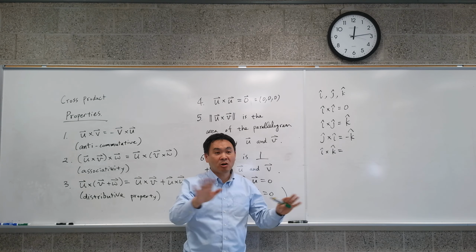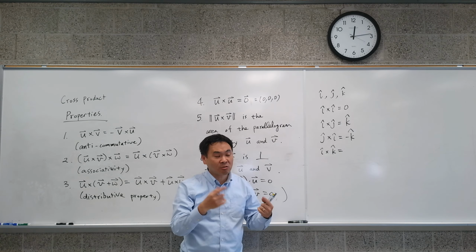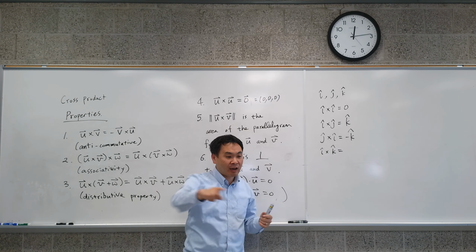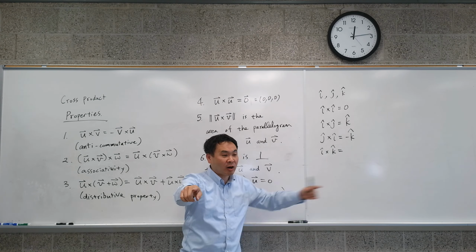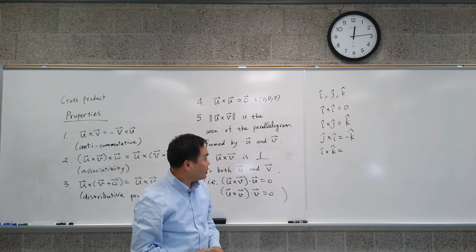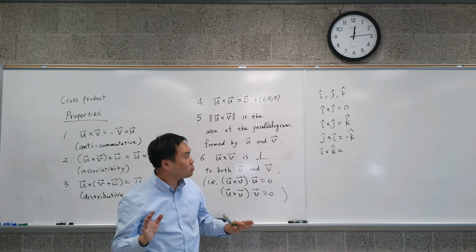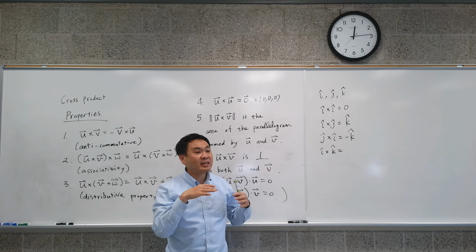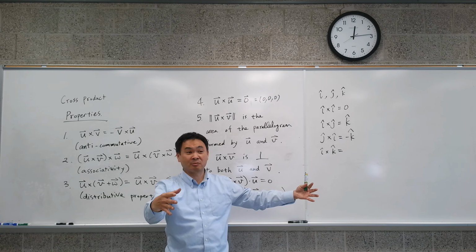Whenever we talk about dimension 3 and impose 3 axes X, Y, Z, we always use X and Y, and then use the right-hand rule to determine where is the Z axis, okay? This is the positive Z axis, okay? All right, so when we do this calculation, we're always doing the right-hand rule in the right-handed coordinate system, okay?